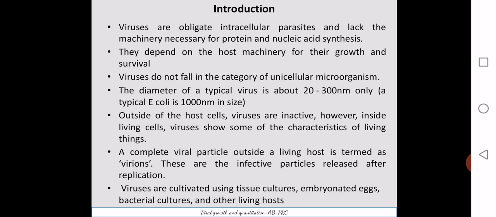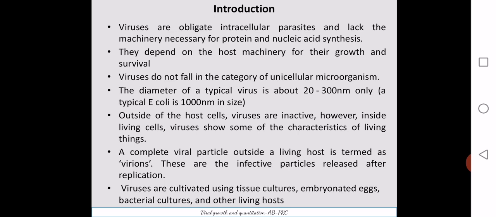Here, what they actually do is hijack the machineries of the host system, the protein synthesizing and the replicating, that means the nucleic acid synthesizing machinery. By utilizing the enzymes, proteins, and other structures of the host cell, the virus will synthesize their own proteins and their own nucleic acids.